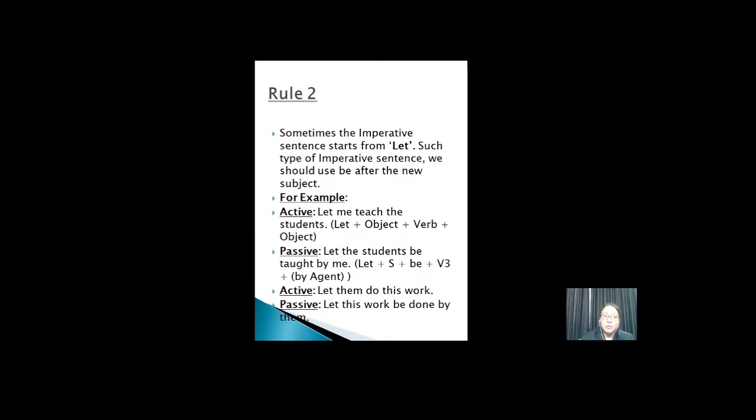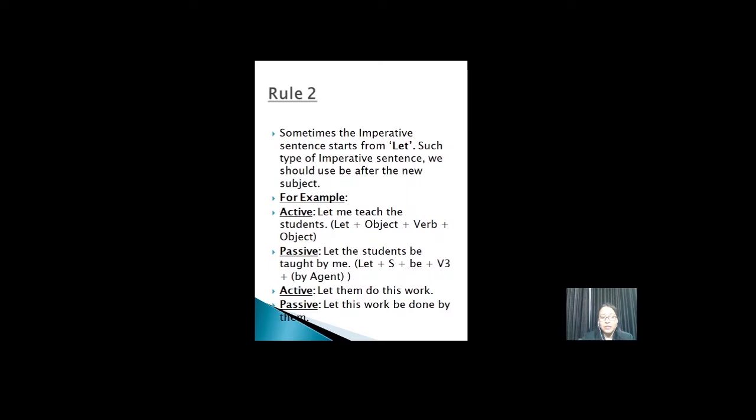So rule 2: sometimes imperative sentences start with "let." When "let" comes, how will it be changed? So: let plus object plus verb. Now see here: Let me teach the students.